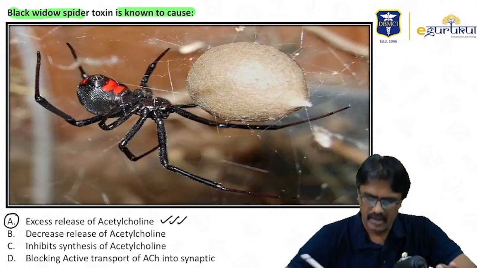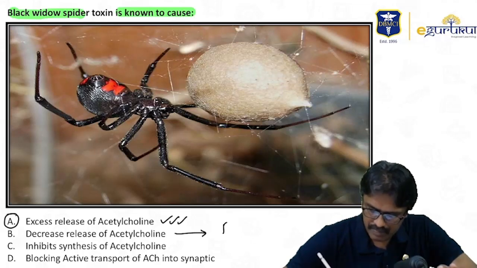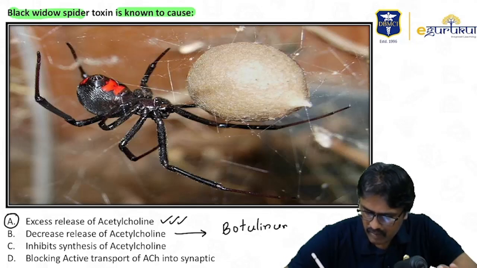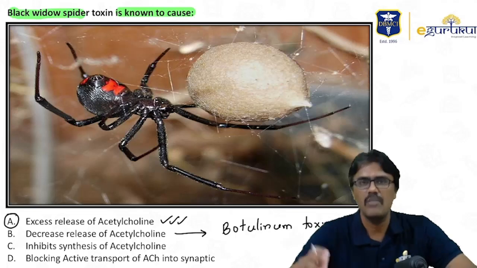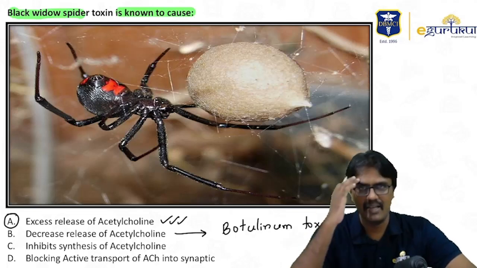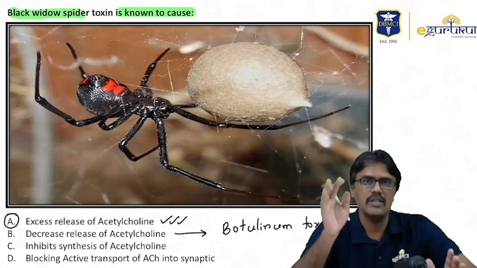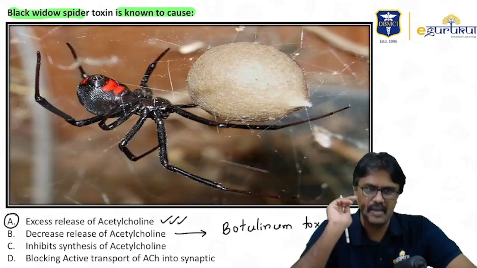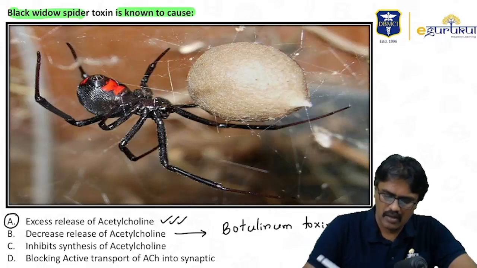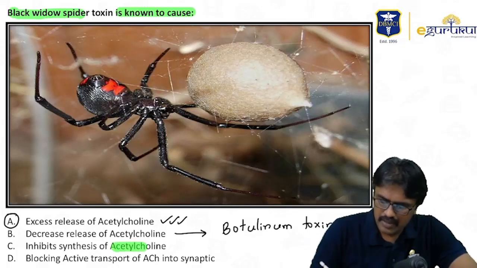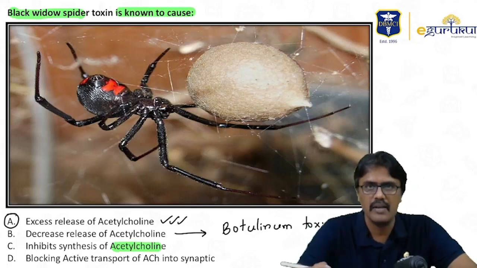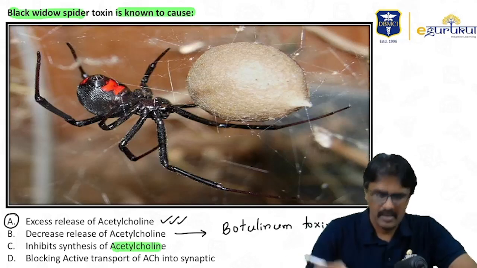Now, what decreases the release of acetylcholine is a toxin by the name botulinum toxin. You have heard of Botox. Mainly it decreases the release at the neuromuscular junction. So the wrinkles, the glabellar lines, can be managed with this Botox injection. Inhibiting synthesis of acetylcholine: that step is blocked by a choline uptake inhibitor called hemicholinium.